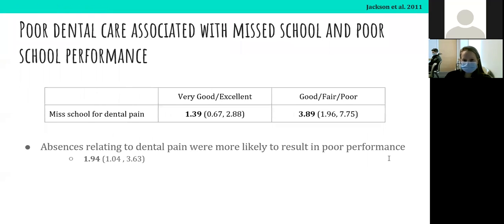What they found was that kids whose dental health was listed as good, fair, or poor were 3 times more likely to miss school for dental pain compared to those whose dental disease was rated as very good or excellent. That is probably intuitive, but another thing they found was that these absences related to dental pain were more likely to result in poor school performance compared to those absences for just routine preventative care.